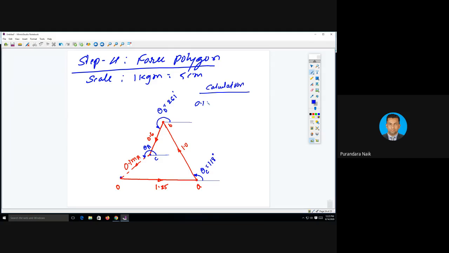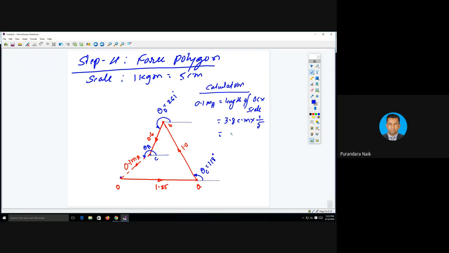0.1 MA is equal to the length of OC into scale. Scale is very, very important. If you measure the length of OC, we'll get 3.8 centimeter, into scale. Scale 1 kg meter is equal to 5 centimeter, so 3.8 centimeter into 1 by 5.